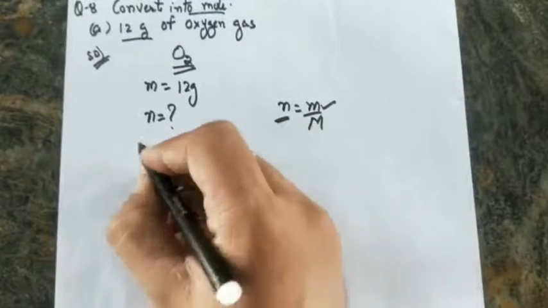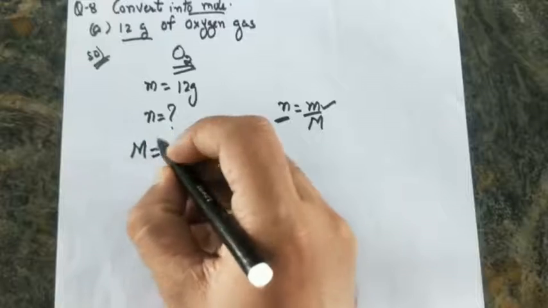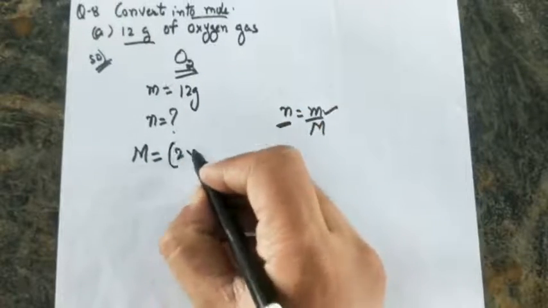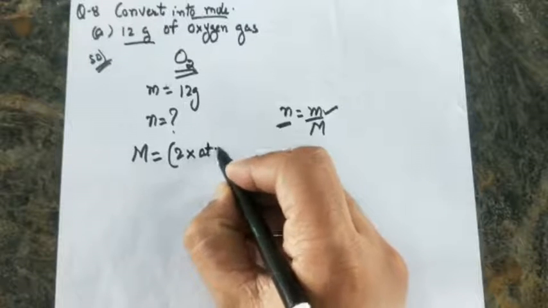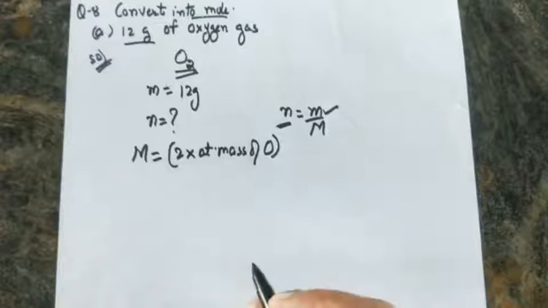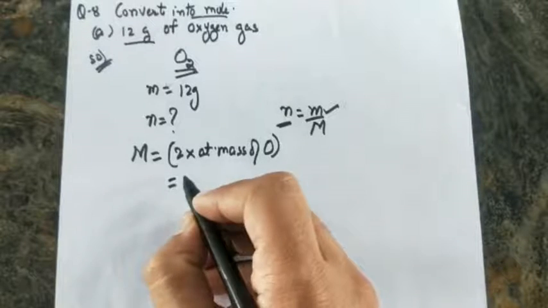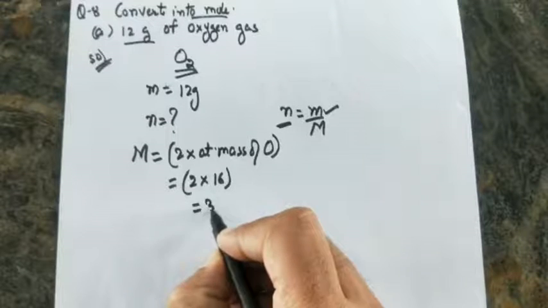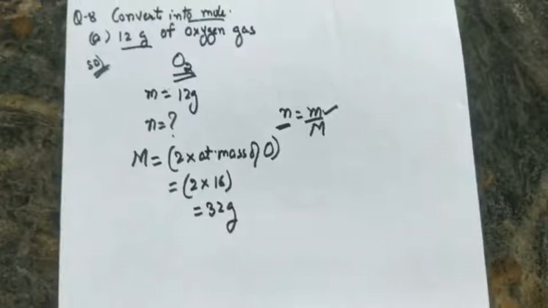Therefore, first of all, finding the molar mass of oxygen, it will be equal to twice into atomic mass of oxygen, that is O. And we know that atomic mass of O is 16. Therefore, molar mass comes out to be 32 grams.